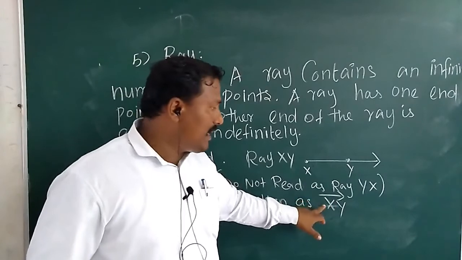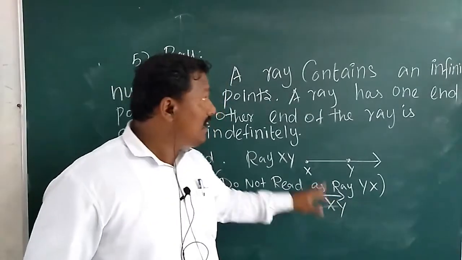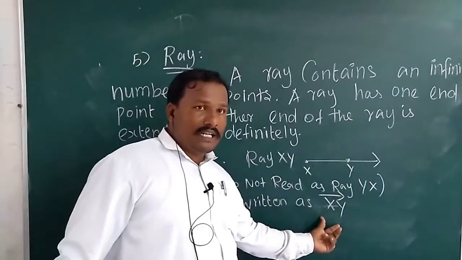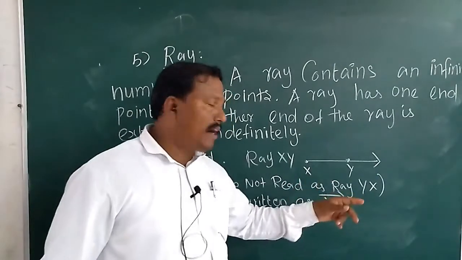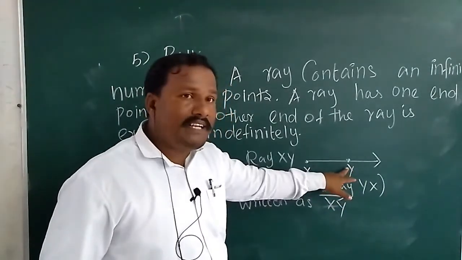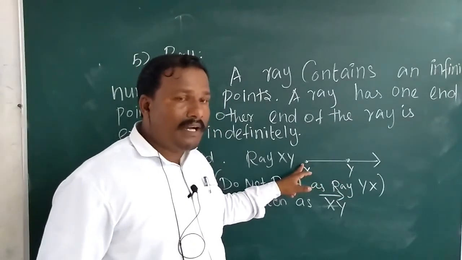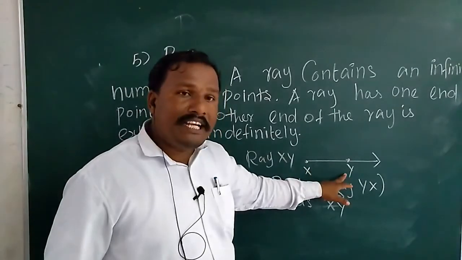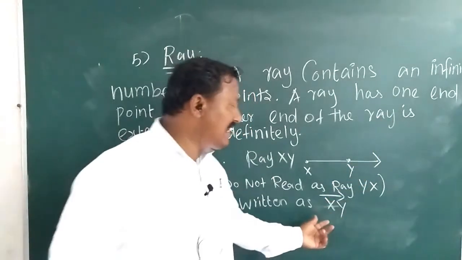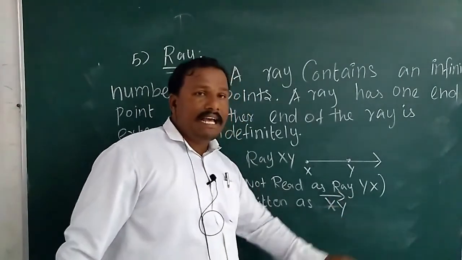Whenever you want to express a ray, you put xy and then an arrow mark upside, but don't write yx because that is not the starting point. So a ray has only one starting end point, but there is no ending point, which means it extends indefinitely. When we write a ray, we write xy with an arrow mark upside.